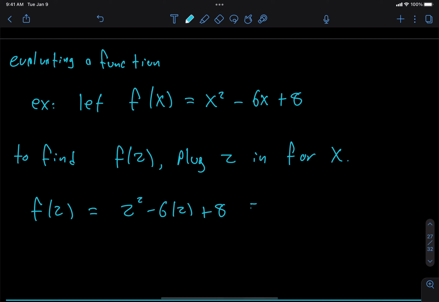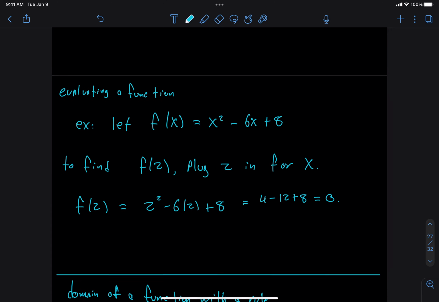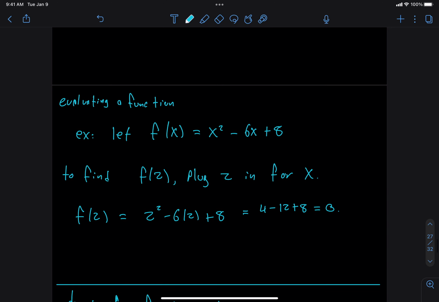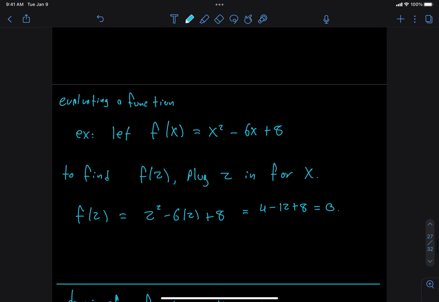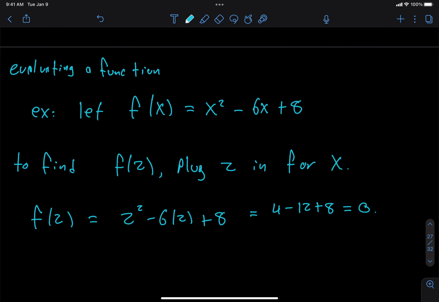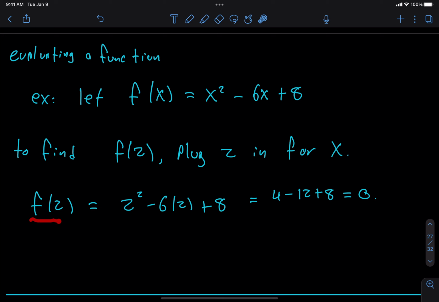And I will get 4 minus 12 plus 8, which is 0. This is how we evaluate a function. So f evaluated at 2, or f of 2, is equal to 0. That's the output that I get.